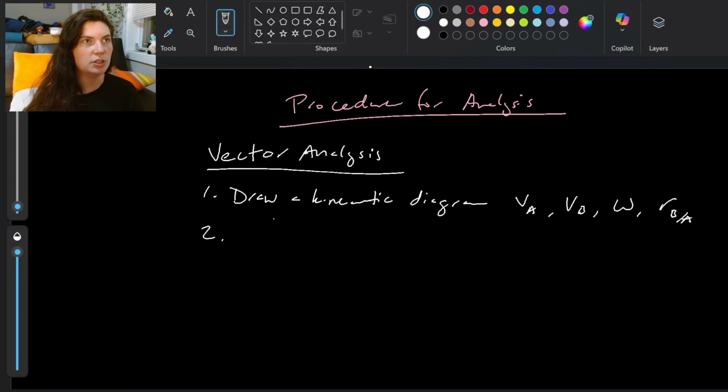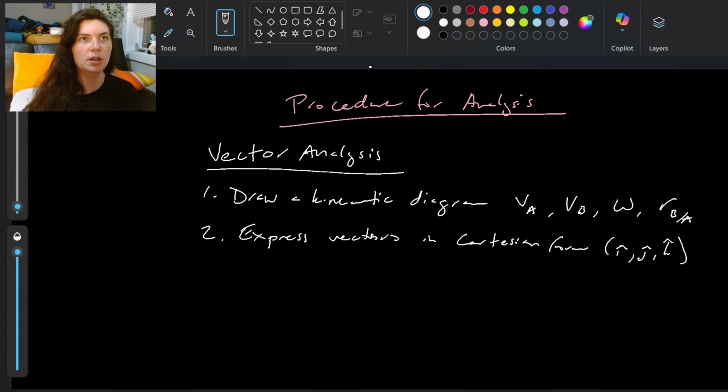Then what we're going to do is express all of our vectors in Cartesian form. That's your i, j, k format, if you remember: i hat, j hat, k hat.